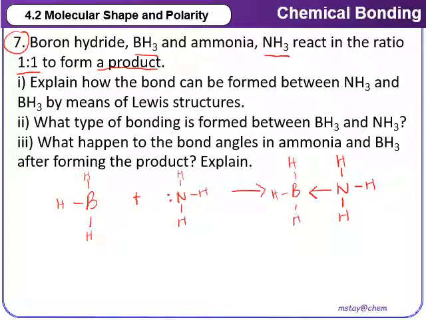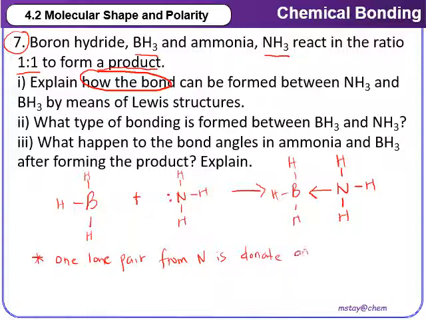So again, the question asks how the bond can be formed. So we are going to mention that one lone pair electron from nitrogen is donated and shared with boron. Okay, this is the answer for question 1.